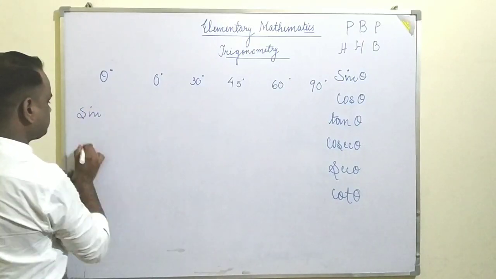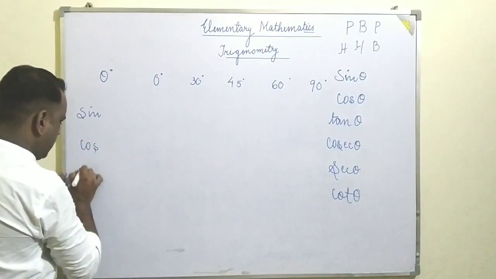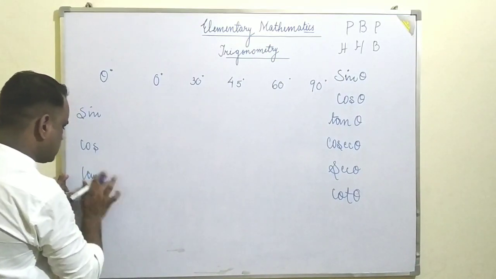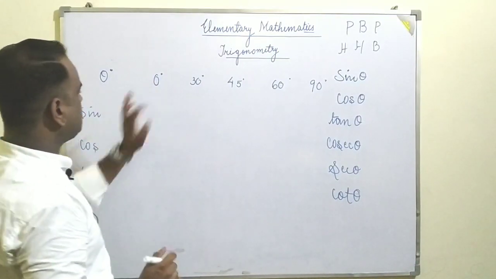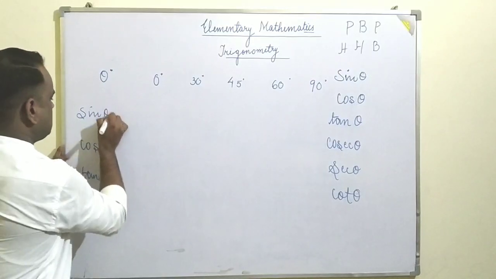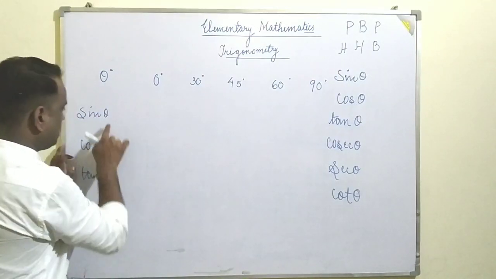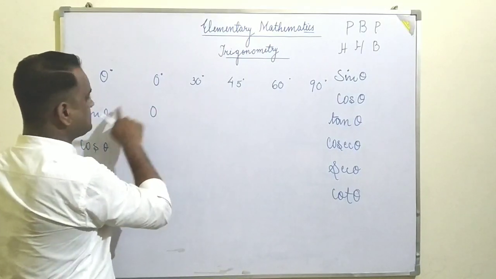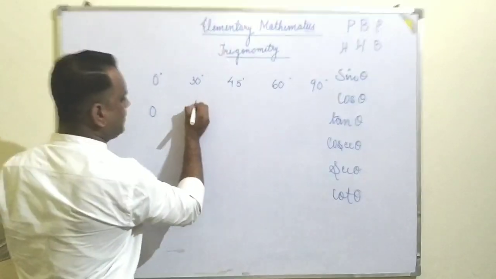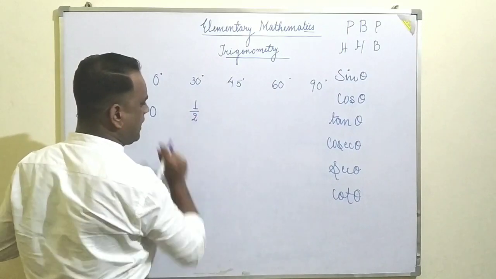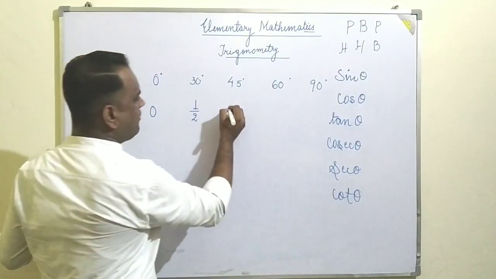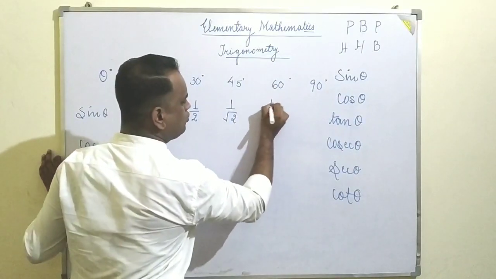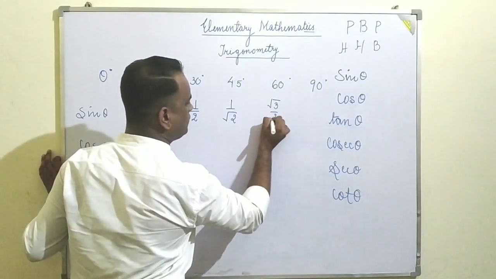Students, if theta becomes 0, then sin 0 will be 0. Sin 30 will be 1 by 2, half. Sin 45 is 1 by root 2. Sin 60 is root 3 by 2.